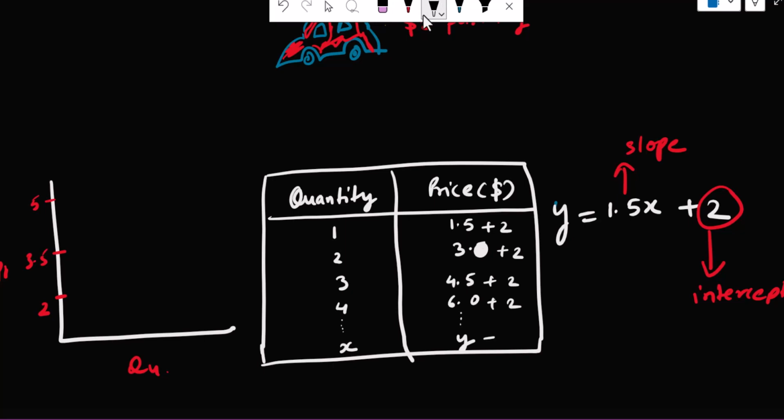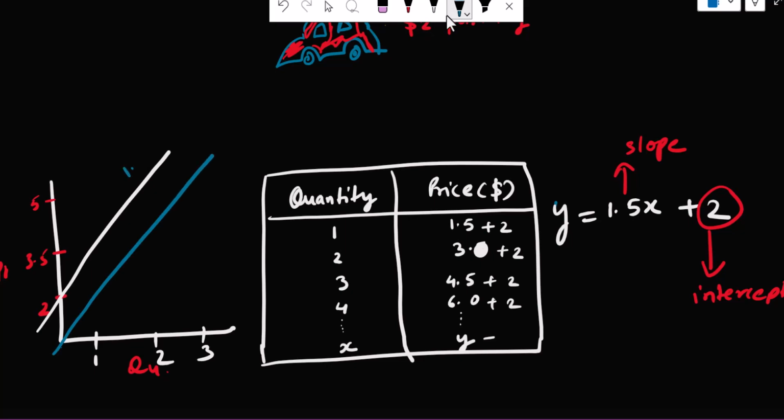And if we again draw the line between the quantities, we will find a line something like that, which is parallel to the original line where we didn't have to pay for parking, because the slope is the same.